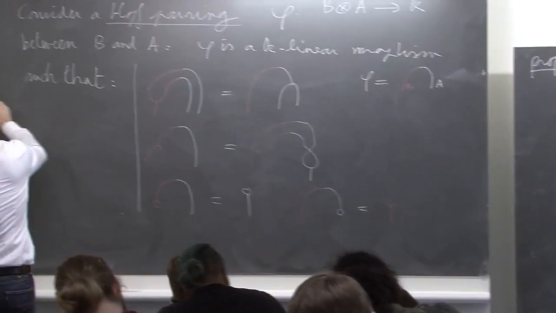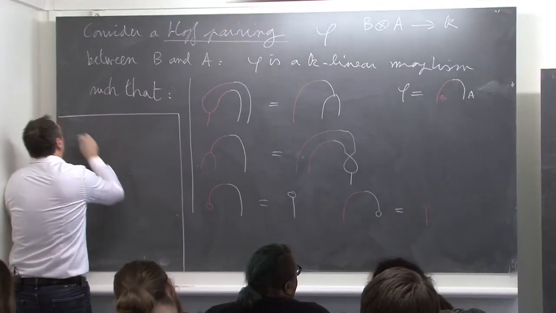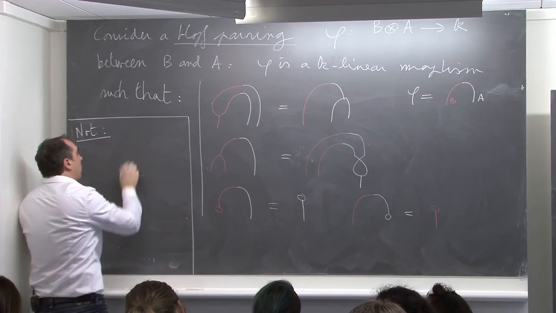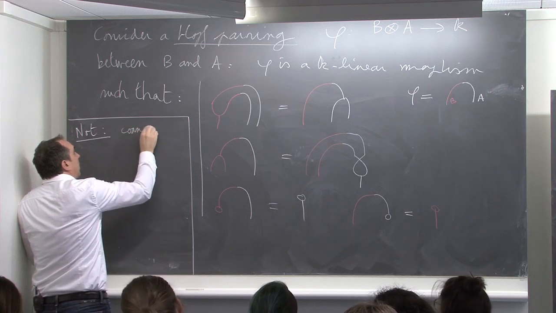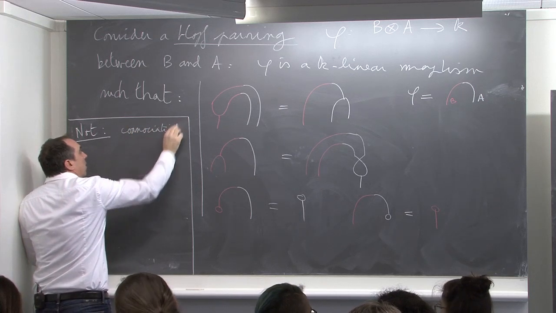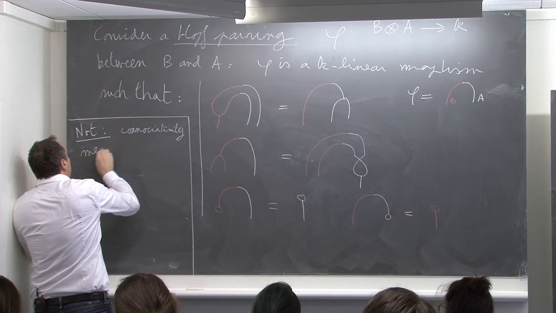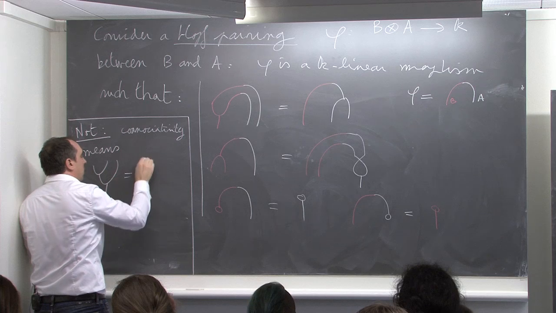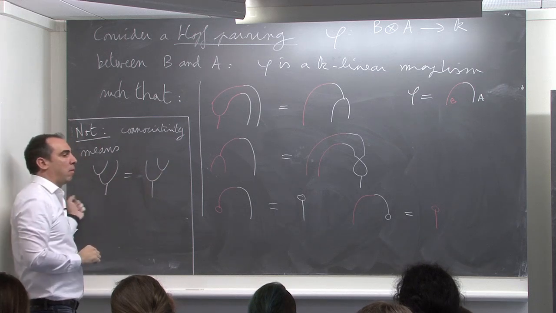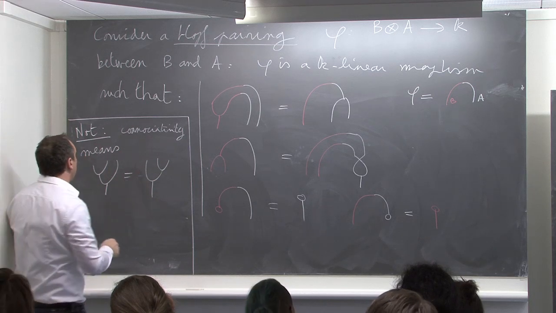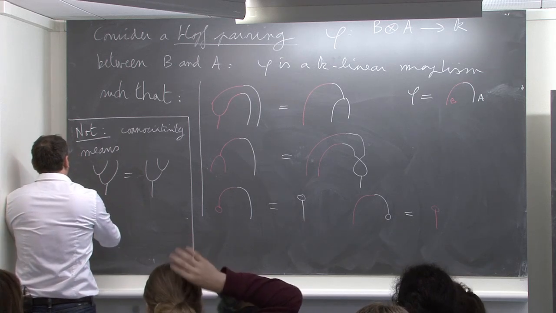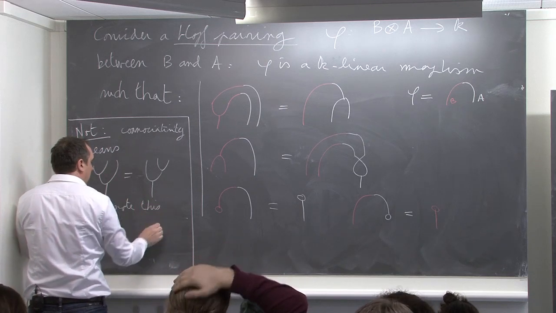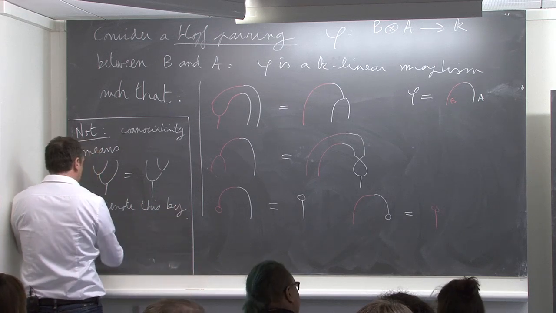So maybe I use the following notation first. I recall that co-associativity means that if I take this, it is equal to this one. And we denote this by this.